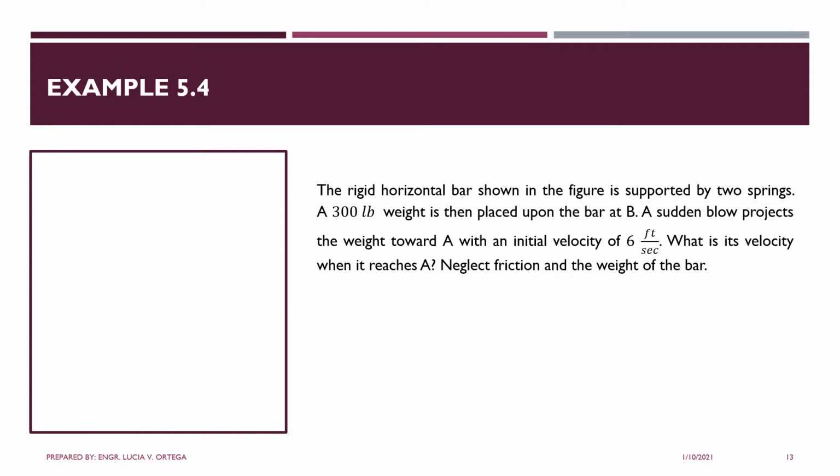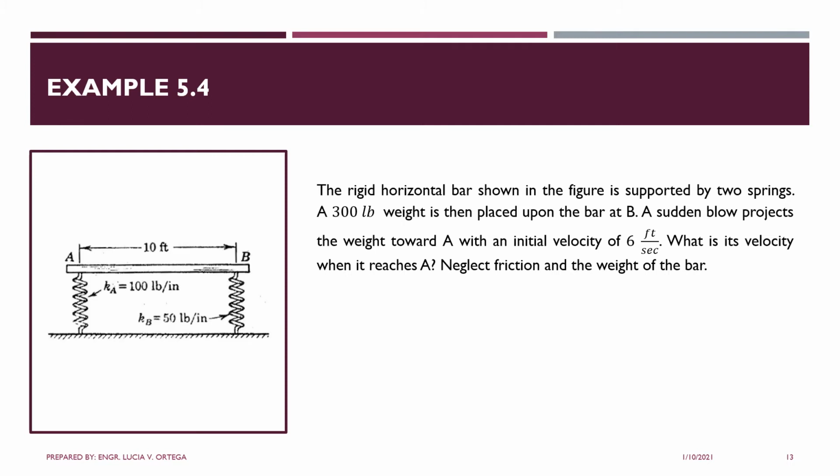What is its velocity when it reaches A? Neglect friction and the weight of the bar. So this is the diagram. Spring modulus for B is 50 pounds per inch. Spring modulus for A is 100 pounds per inch. The distance between the two springs is 10 feet.